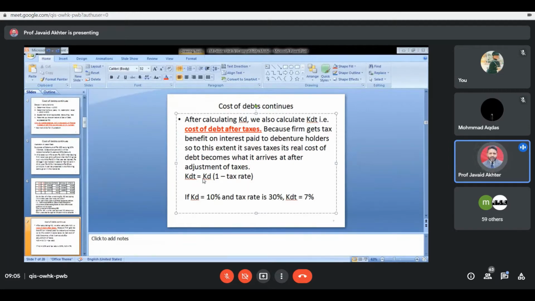Apart from interest, can you recall what else a firm can claim in order to reduce its tax liability? Can a company claim anything other than interest for reducing the tax liability?